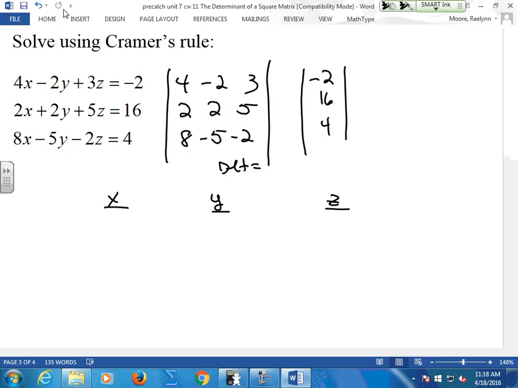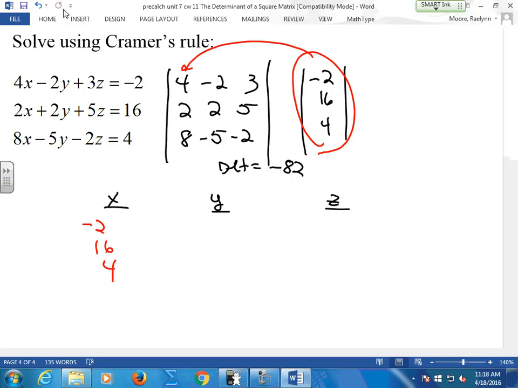Good. All right, now, first time through, we're going to take this and we're going to replace the x column. Just the x. And find me the determinant of x.